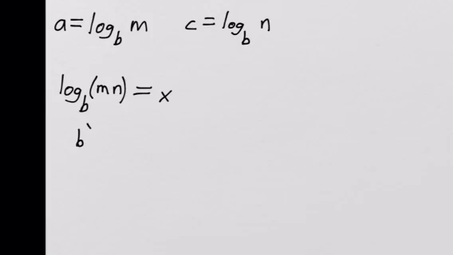So that means b to the x is equal to MN.